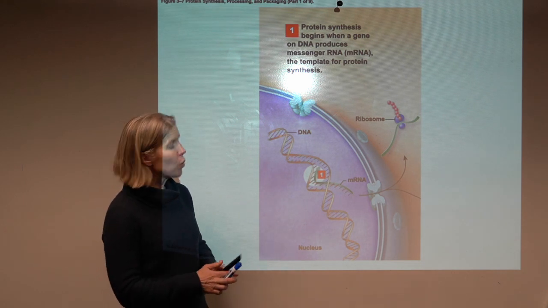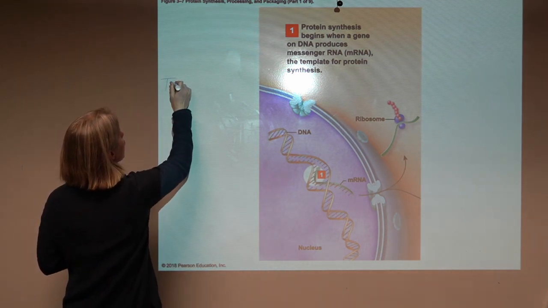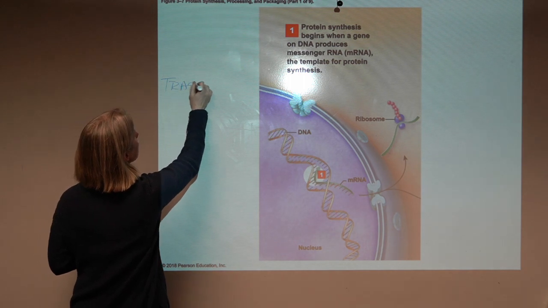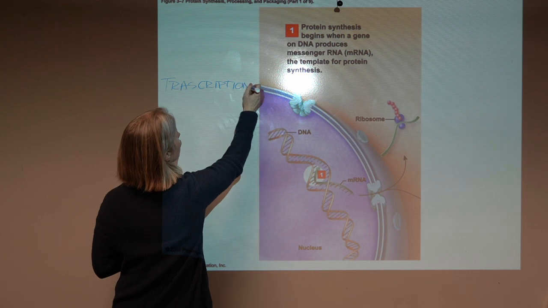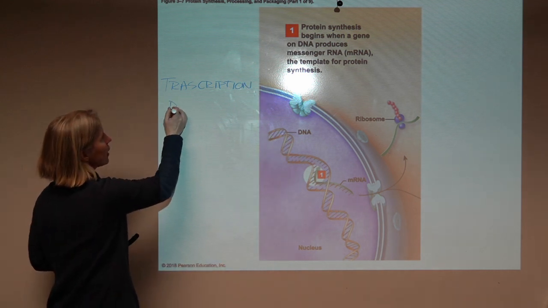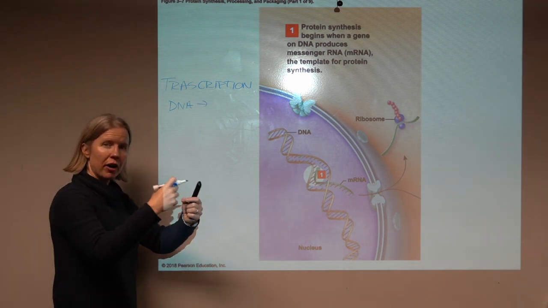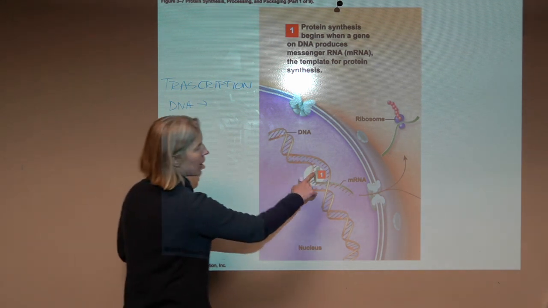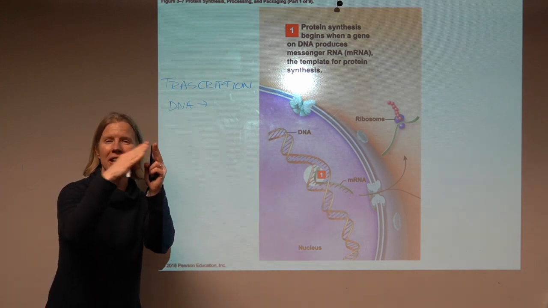Okay, so we're going to begin with this step that you might be more familiar with, the term transcription. In transcription, we're going to take that DNA code, unzip the DNA, pull it apart, and make a copy of one side. So it's like a template.